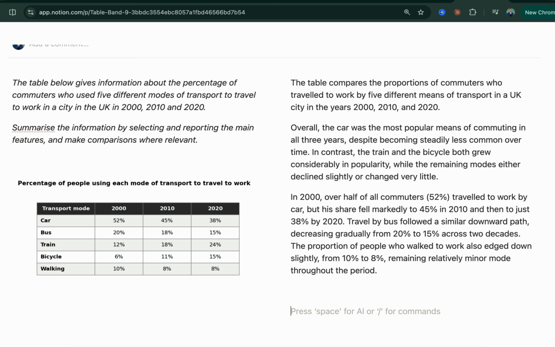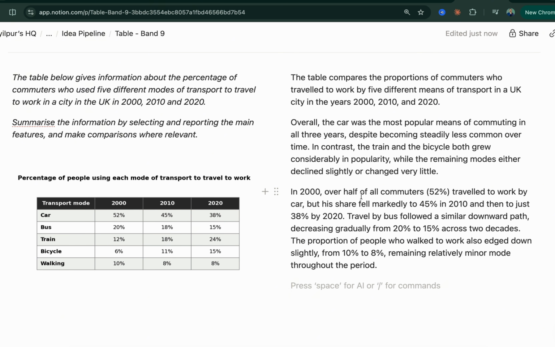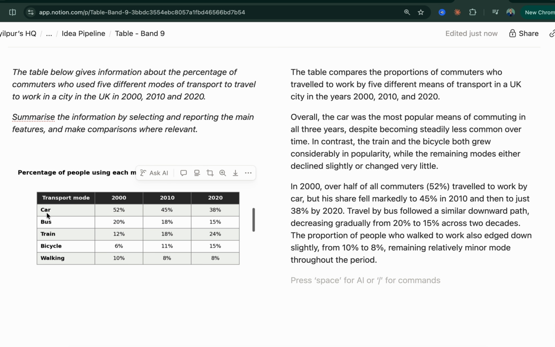Well, I am done with my first paragraph, and I've mentioned car, bus, and walking, and they all followed a similar pattern. They all decreased over the 2-decade period, and I showed the similarity. So that was what actually is required by the task.